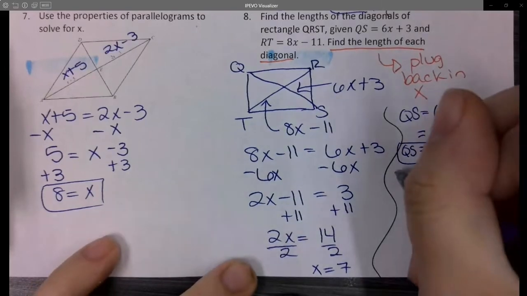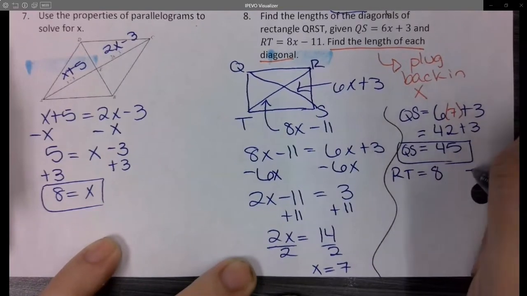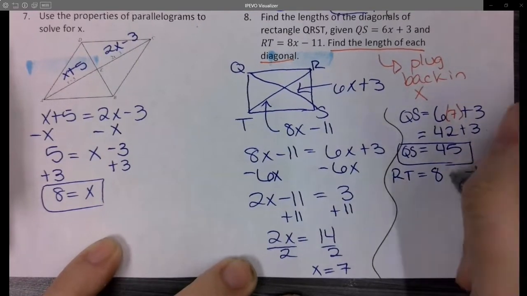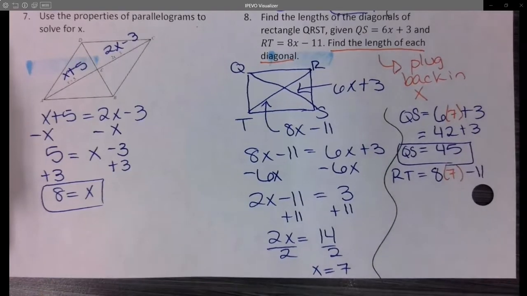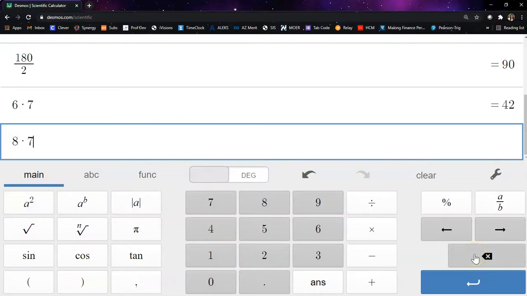Then I can do the same thing for RT. This one is 8x minus 11, so I'm going to do 8 times 7 minus 11. I can go to Desmos to do 8 times 7, which gives me 56.